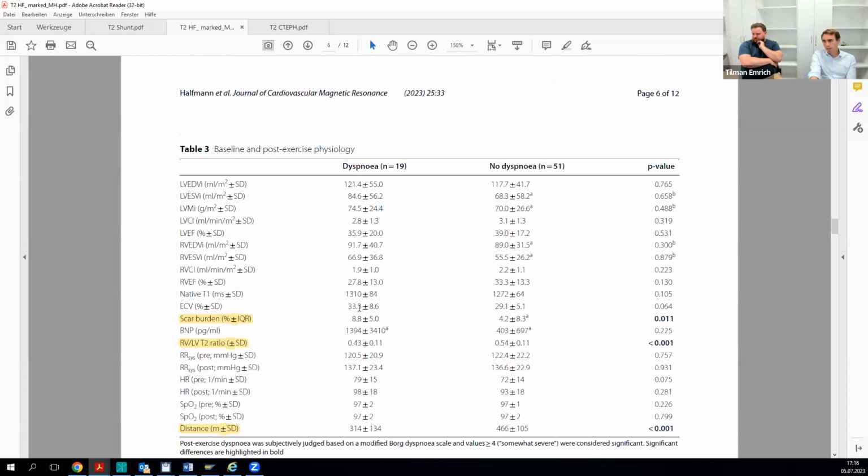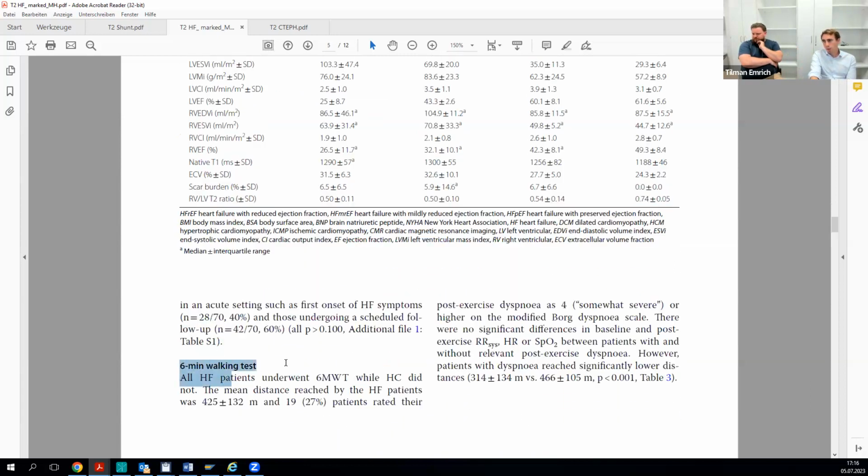So these patients were actually patients that also reached less distance in the 6-minute walking test. And that's where it actually gets interesting, because sometimes these patients will stop their 6-minute walking test due to dyspnea, and then obviously they won't reach as long a distance. And that is something that we try to predict by our RV/LV T2 ratio.